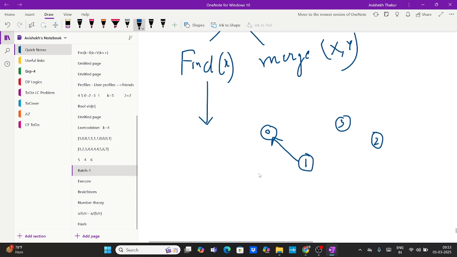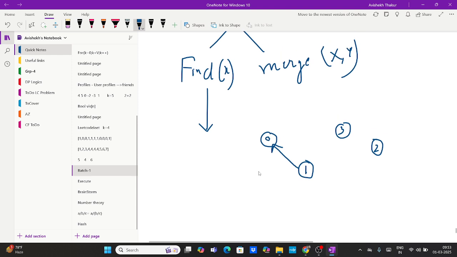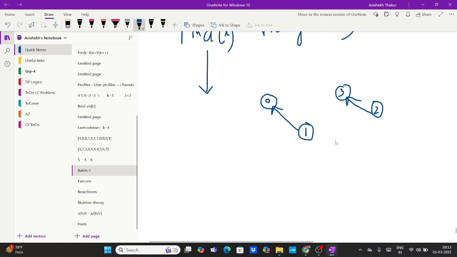Let's say now I'm asking you to connect 2 and 3. You might arbitrarily choose any of them as a parent and connect. Let's say 3 is the parent. Now again I ask you to connect 1 and 3. Not exactly like this, I will explain going forward, but for simple explanation I have taken 3 attached to 1.